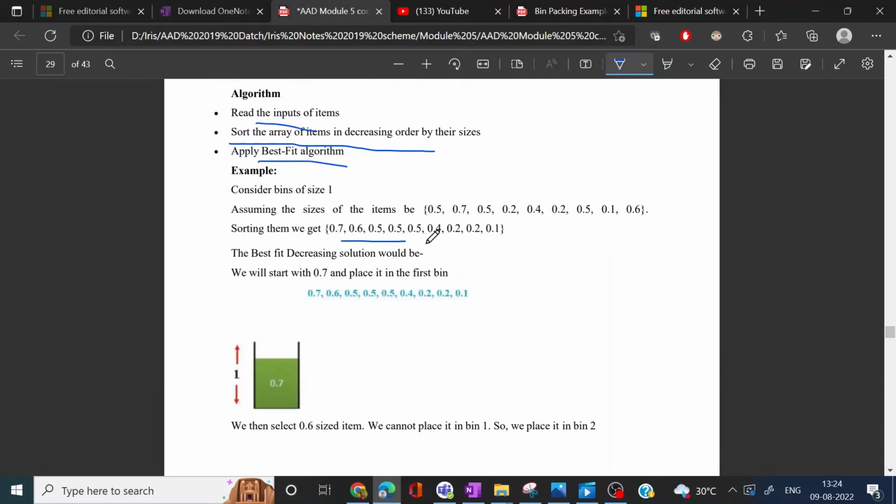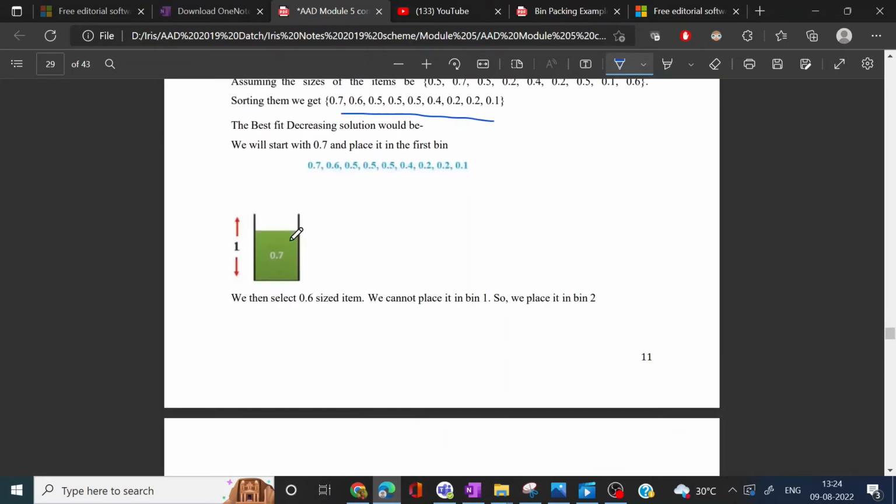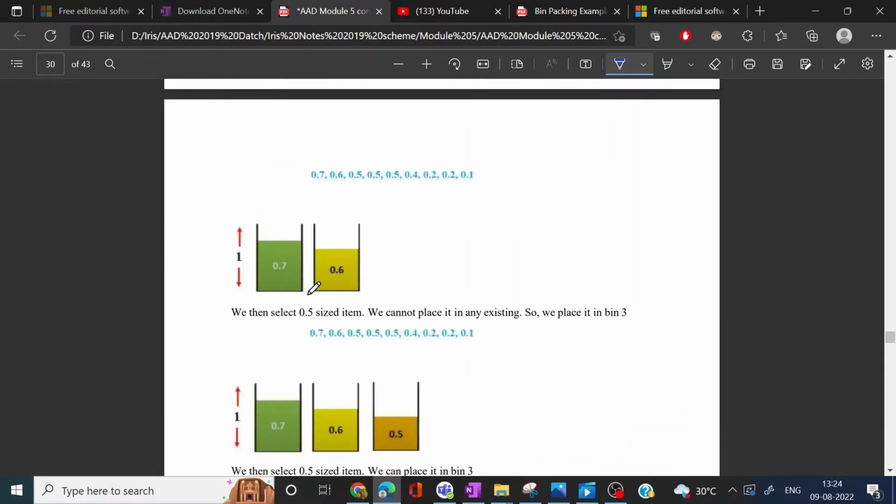So here it is getting sorted, and then we can see this same procedure. Only in best fit, the condition is that after putting an item, the remaining empty space should be minimum. In such a way, it has to be placed.